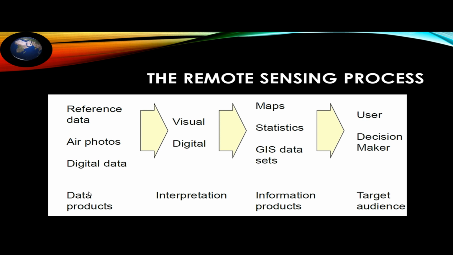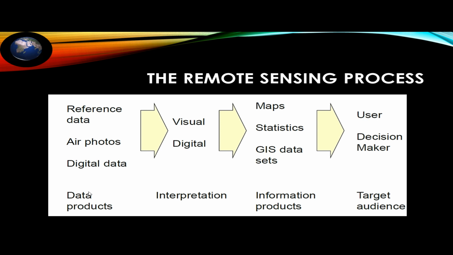I will tell you what the EMR, electromagnetic spectrum is, what the visible spectrum is, which we can see through our naked eyes, or ultraviolet or infrared, which we are not able to access. So we will do digital interpretation of the remote sensing product.